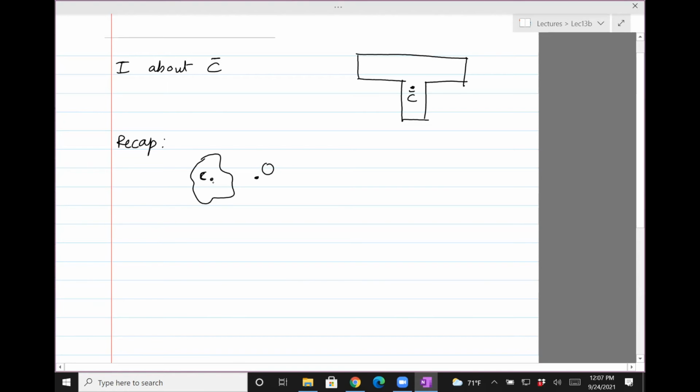Let's call that O. So this distance is D, and this area is A. So IC is the moment, or say inertia, about C. IO is inertia about O, and that's the one we need to find here.